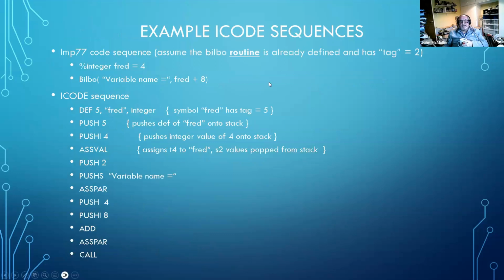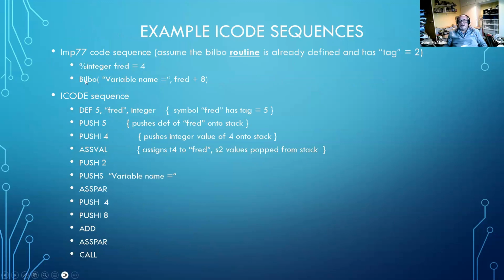So finally, we get an example of an I code sequence. Assume that the int code is this integer definition of Fred is equal to 4.